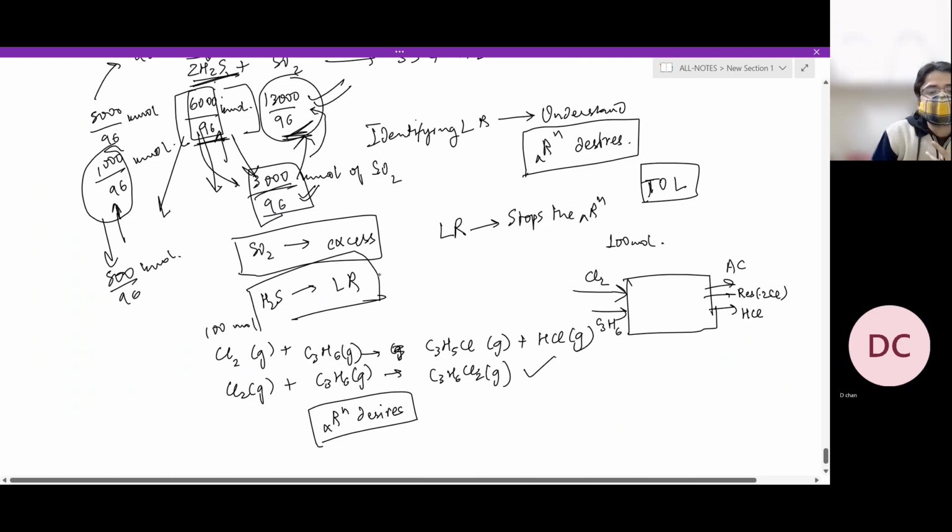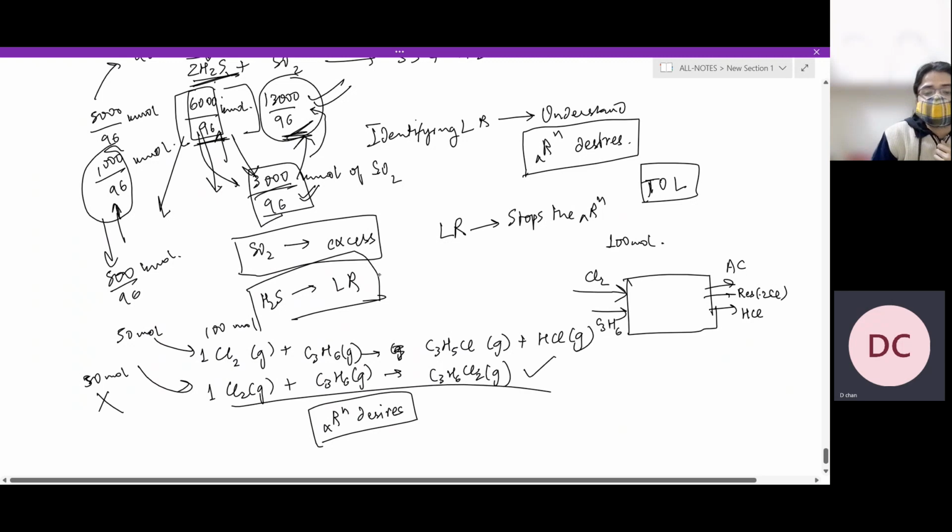Students typically see the stoichiometric coefficient here is 1, here is 2, and there are 2 reactions, so they just supply 50 moles here and 50 moles here. That is not the case, because the kinetics of these 2 reactions are entirely different.